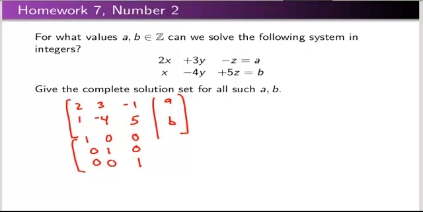The first thing I want to do is move the 1 into the upper left corner. So I would suggest swapping column 1 and column 2, or row 1 and row 2, just to get yourself started. You could move this -1 over here as well. Either way would work fine.